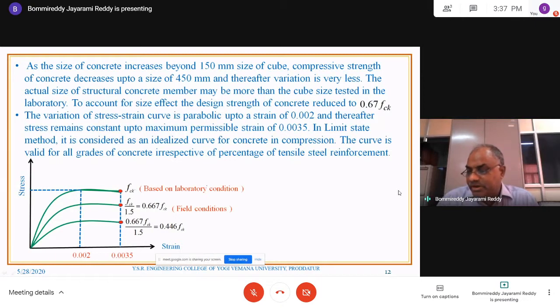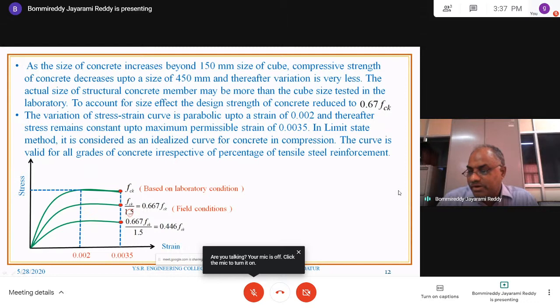So originally in the first curve, it is fck, which is based on the laboratory condition. And based on the field condition, meaning the size effect, the size of the member is more than the size of the cube tested in the laboratory. It is not actually fck by 1.5, it is 2/3.